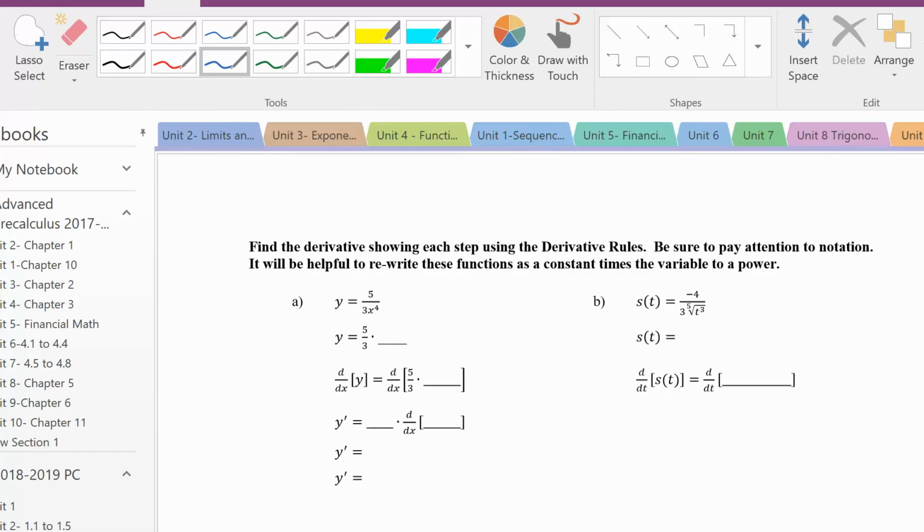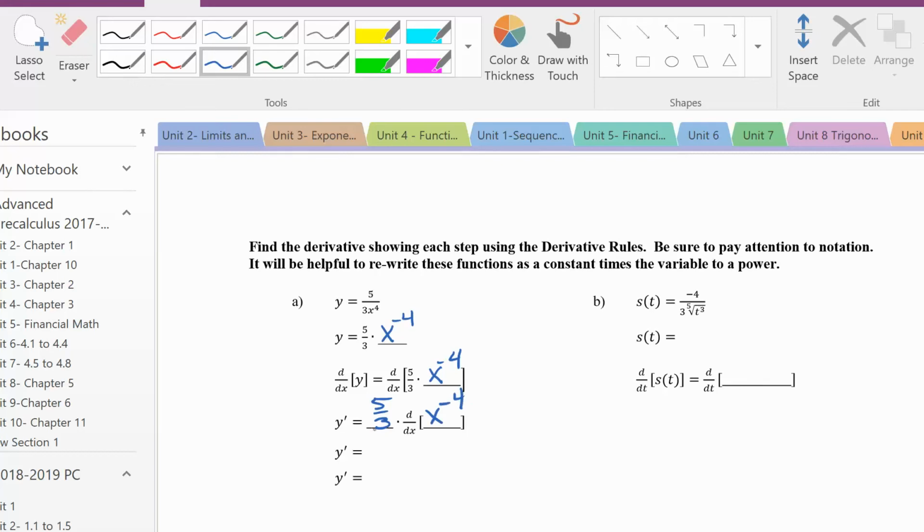So y equals 5 over 3x to the 4th. That's the same as 5/3 times x to the negative 4th. Then when you take the derivative, that's the same as taking the derivative with respect to x of 5/3 x to the negative fourth. So that means you're going to take 5/3 and multiply it times the derivative of x to the negative fourth.